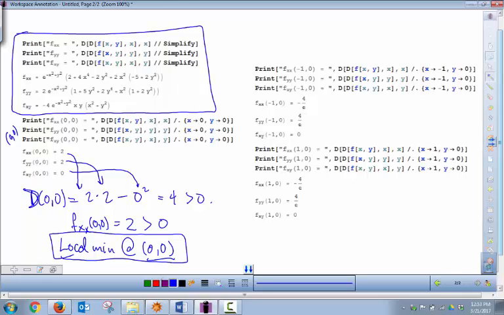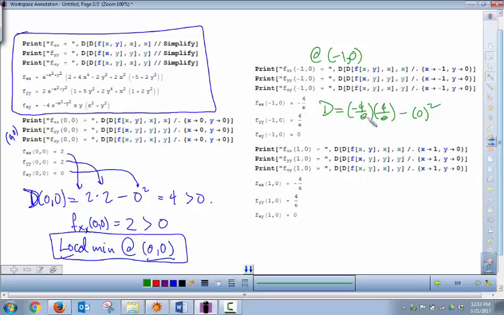All right, the next one, we're doing the second derivatives at negative 1, 0. The discriminant is equal to fxx times fyy minus fxy squared.